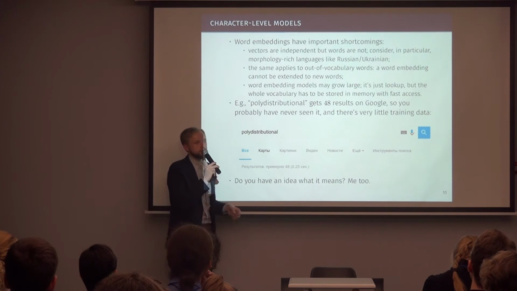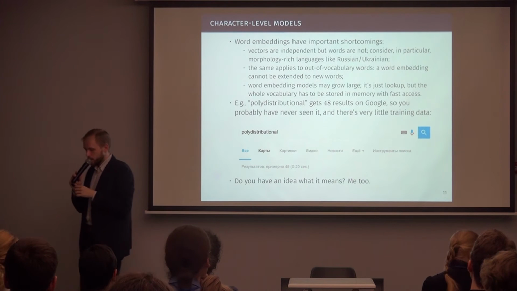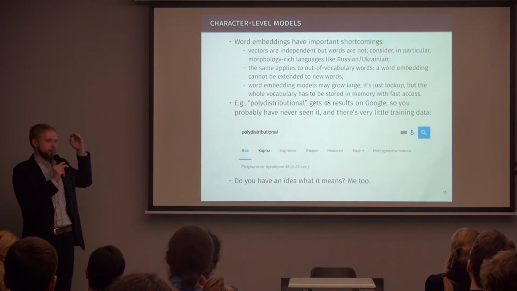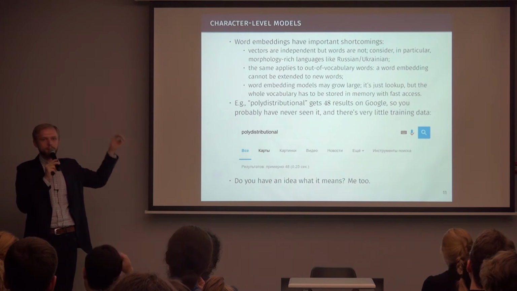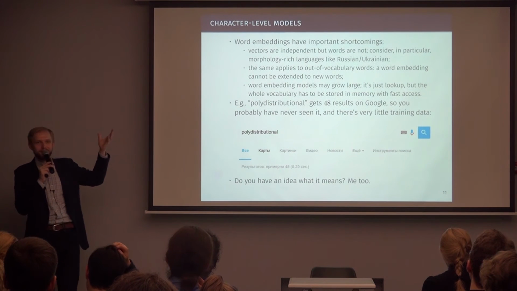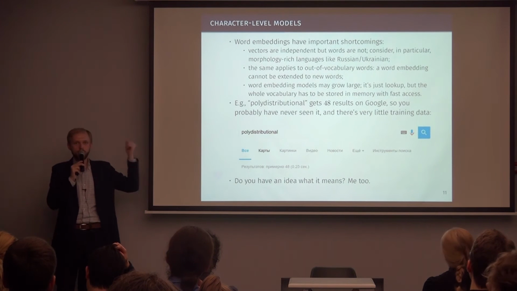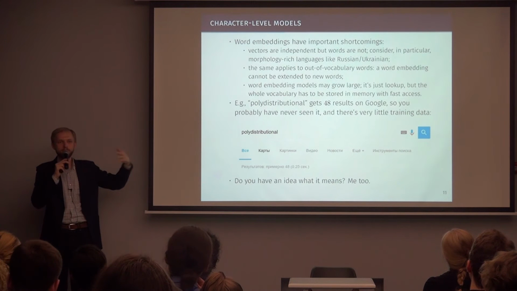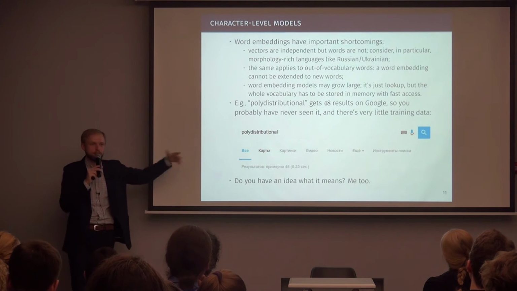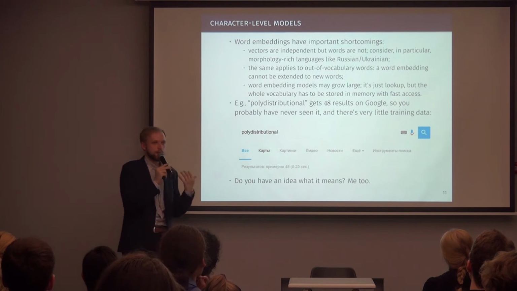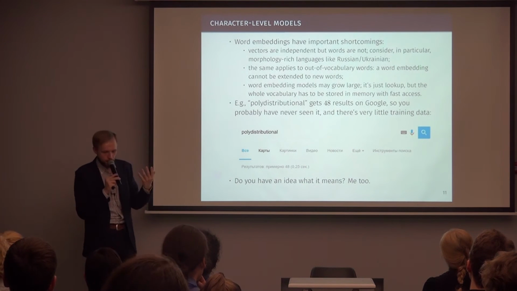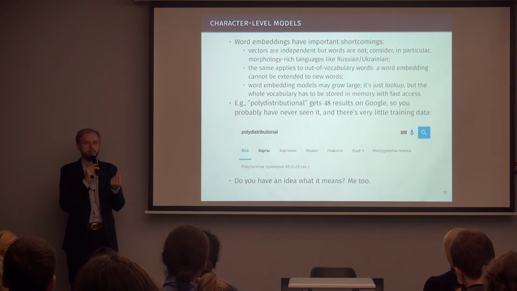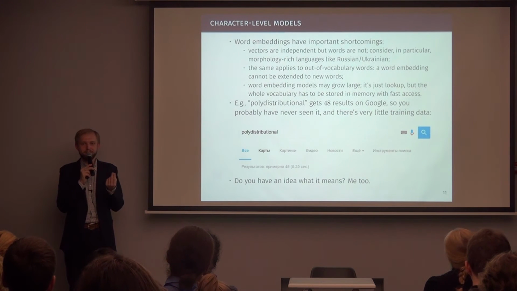And the same goes for out-of-vocabulary words. If you work with, say, user-generated texts like social network posts or tweets, you will notice that people make typos, of course, and also people introduce some new words, what's called occasionalisms, that their human audience understands perfectly, but the computer has never seen this word.